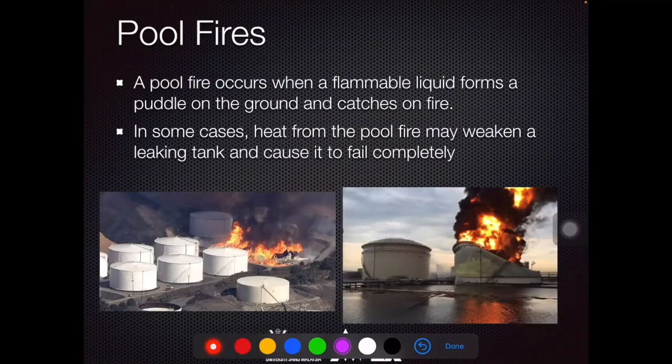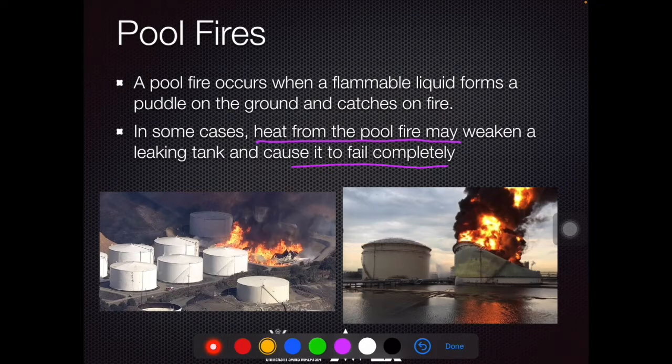Pool fire. A pool fire occurs when a flammable liquid forms a puddle on the ground and catches on fire. In some cases, heat from the pool fire may weaken a leaking tank and cause it to fail completely. So, this is an example of a pool fire. Normally, this happens in oil and gas industries, where they store oil in storage tanks.